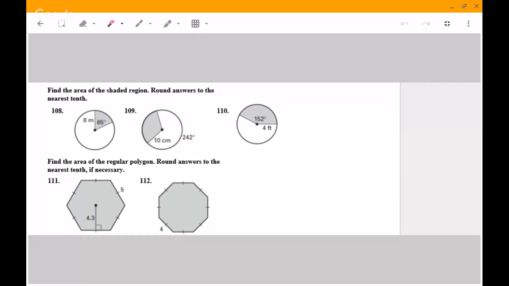So the area of the shaded region, round to the nearest tenth. If you're finding the area, it's related to the area of the whole circle. So the formula you use has the formula for the area of a circle in it as well.